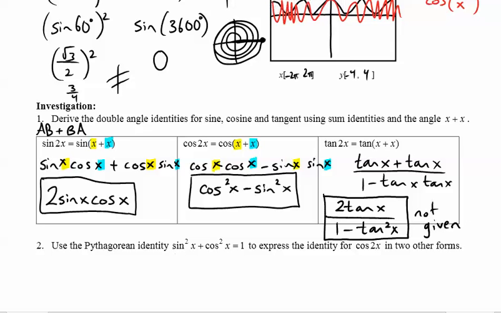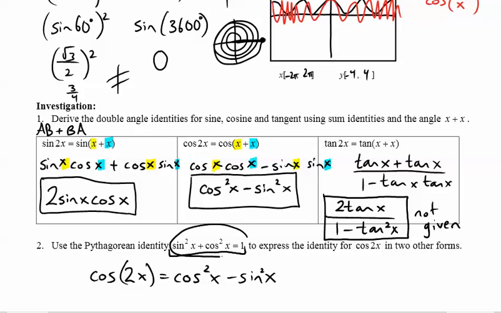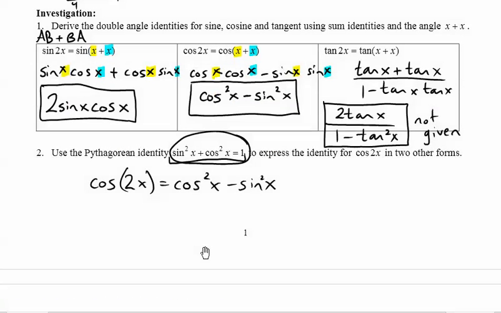So you can use the fact that sine squared plus cos squared equals 1 to rewrite the cosine 2x formula. So instead of cosine squared x, you could solve this equation for cosine squared x. So let's just get cosine squared on one side by itself. So move the sine squared x to the other side by minusing it.